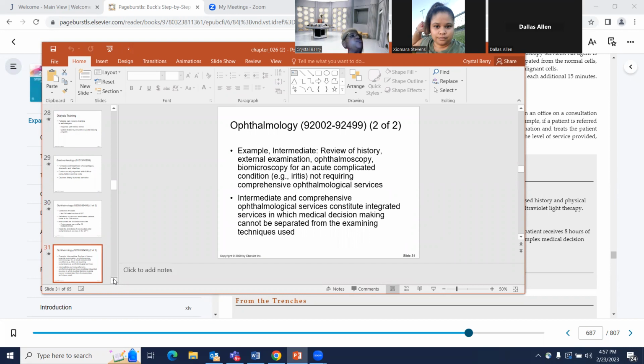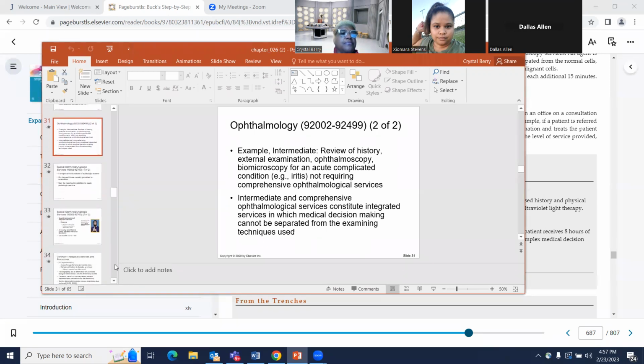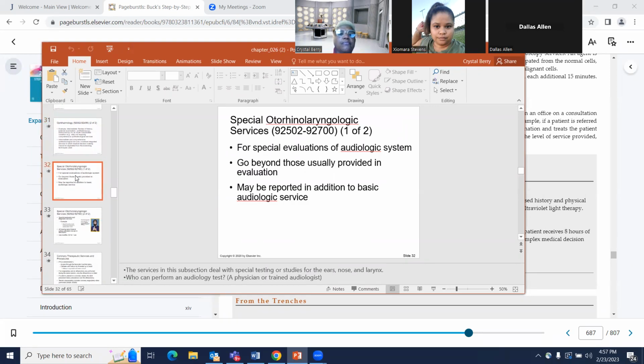What does the abbreviation EMG stand for? Elective myography, electromagnetic, electromyography, or electrical magnetics? Is it A?